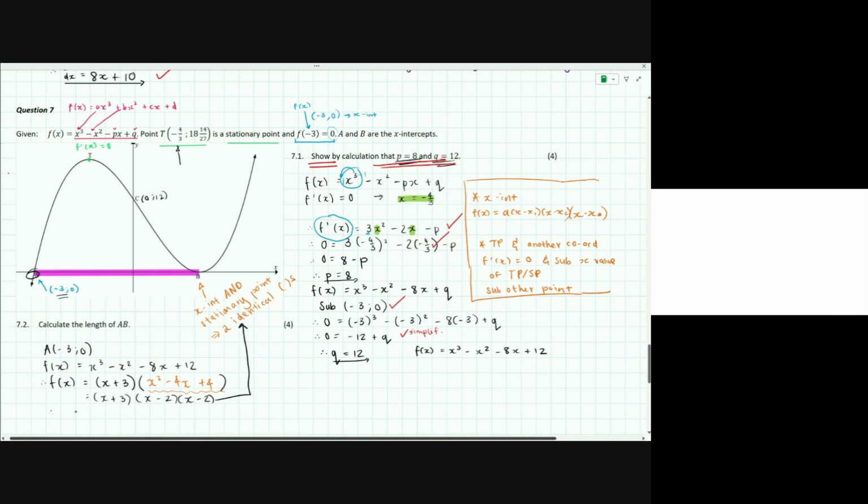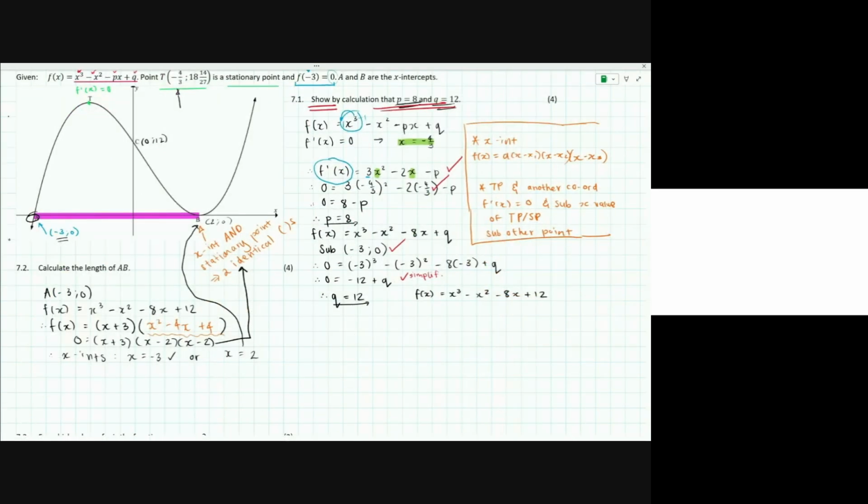So what this tells me is that my x-intercepts, when I make that equal to 0 and solve, are at x equals -3, which I already knew, or x equals +2. And so now I have the coordinate of B. And now I can work out the length of AB.